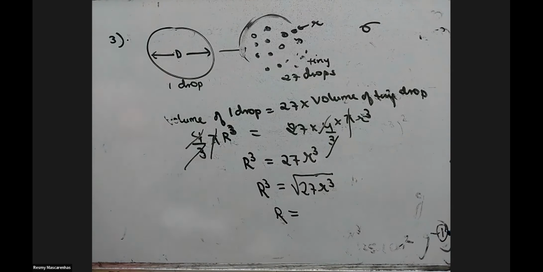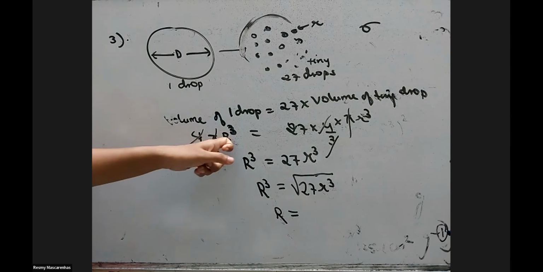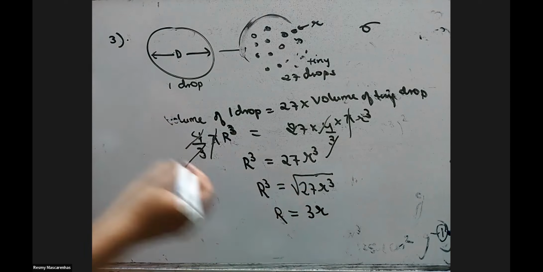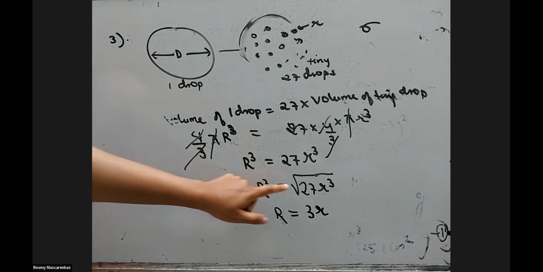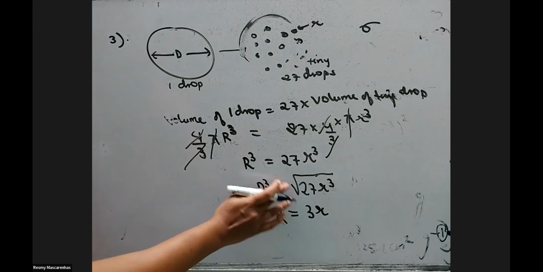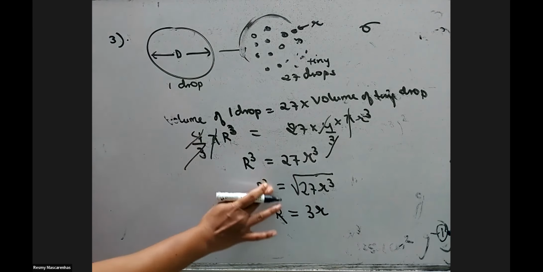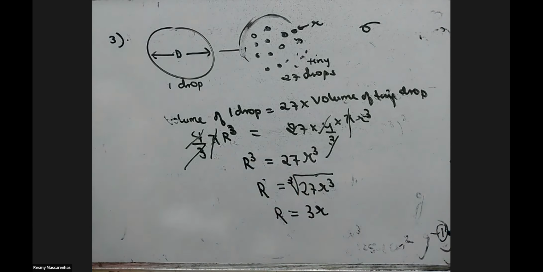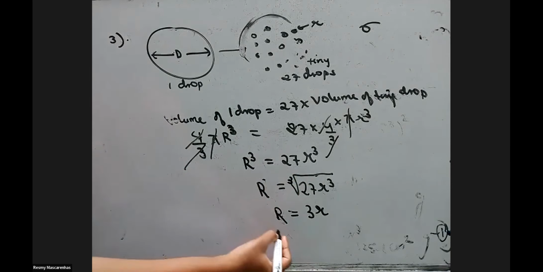The volume of a sphere is always 4 upon 3 pi r cube. So the cube root of 27 r cube is 3r, and 3r will be your answer. Now d is how much?